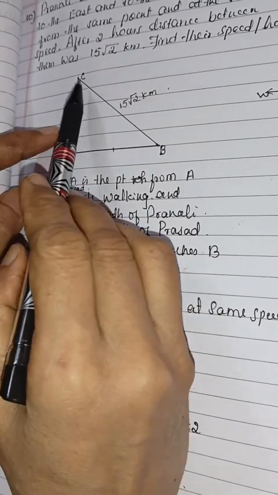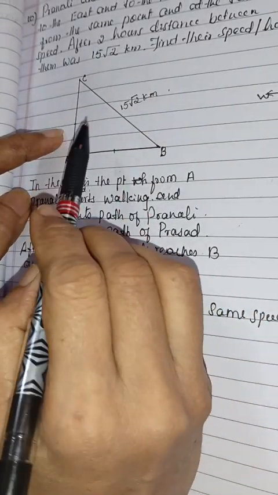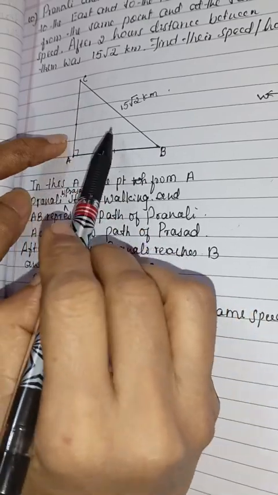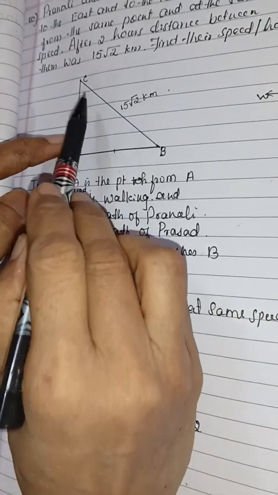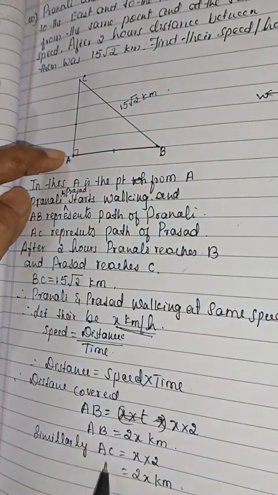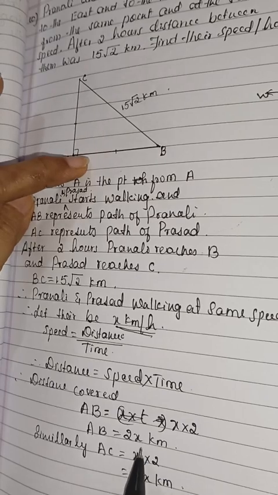Therefore now CAB is a right angle triangle. Now in this we can use the Pythagoras theorem. BC square equals AC square plus AB square. AC is 2x here and AB is 2x.